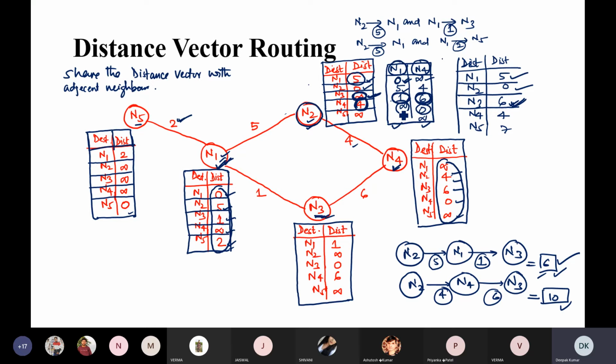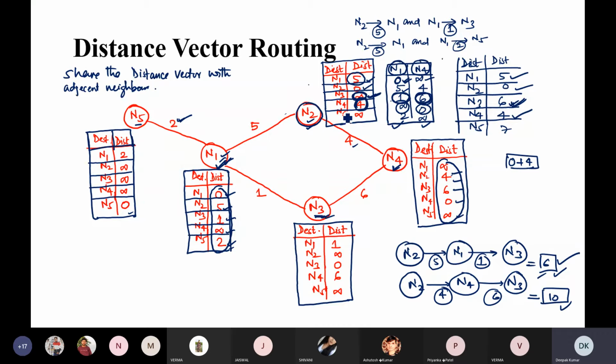It will again see that N1 has no information about N4, and N4 will have a 0 cost to reach N4. So it will again compare 0 plus 4, that is 4 itself, so it is updated as 4.